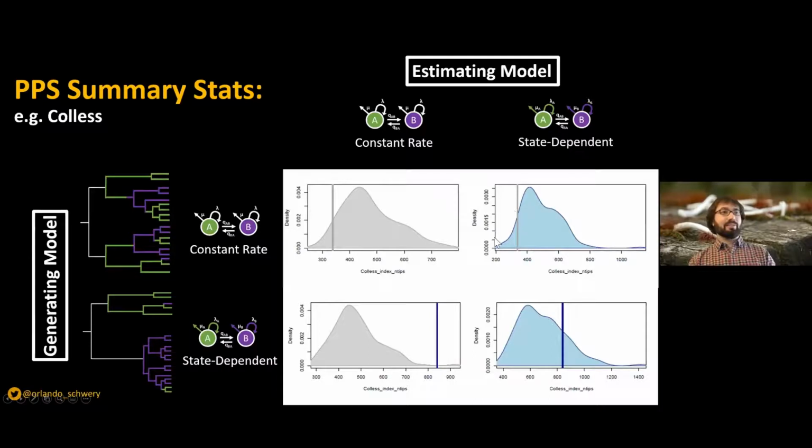State dependent is also adequate, as we said. Now here in this case, of course, we see that the constant rate model cannot adequately describe a state dependent process. So we can actually use this, and this specific summary statistic, coalesce, refers to tree balance. So we can actually see, oh, the actual tree we're trying to analyze is different from what the model produces in this way and in this direction.